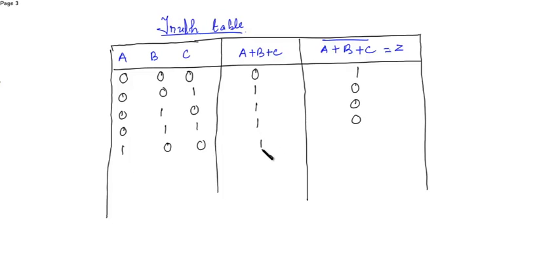1, 0, 0, OR output 1, NOT 0. 1, 0, 1, output 1, 0. 1, 1, 0, output 1, 0. 1, 1, 1, OR output is 1, NOT is 0.